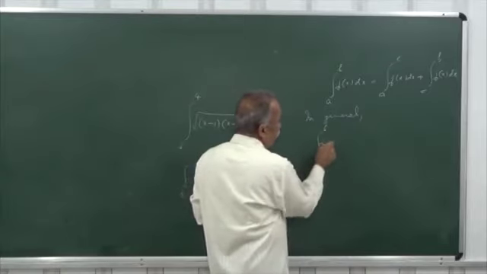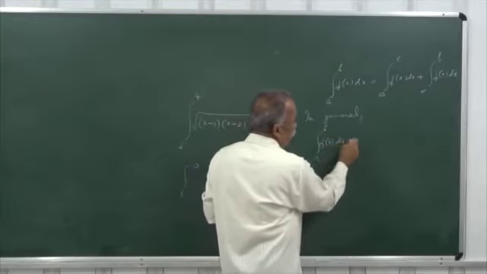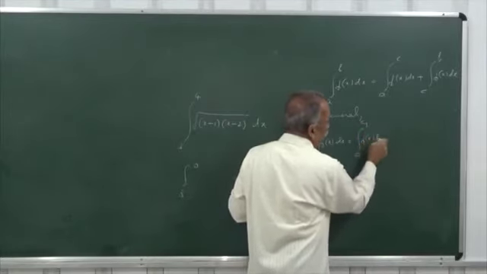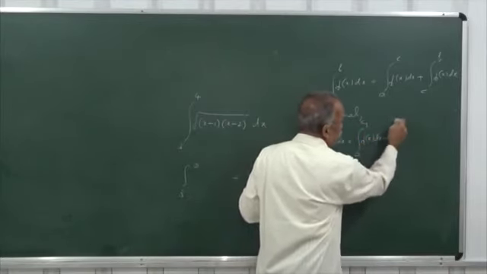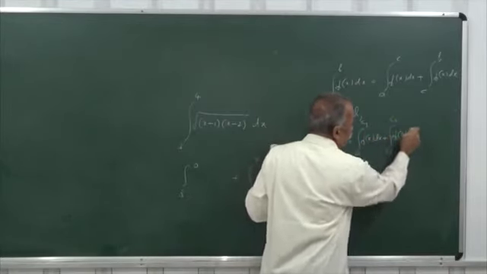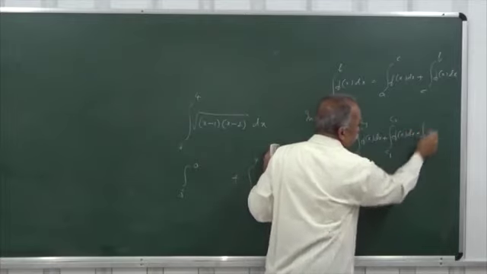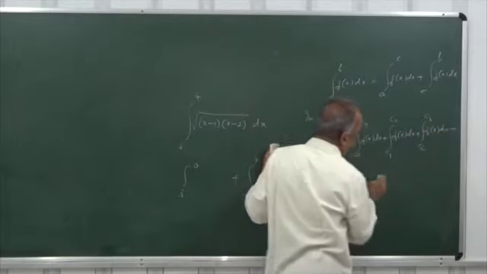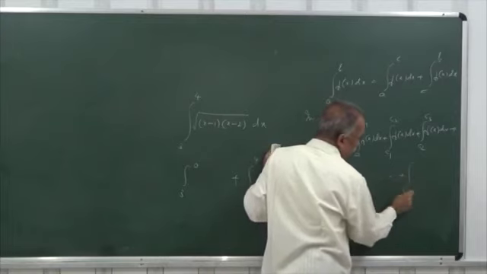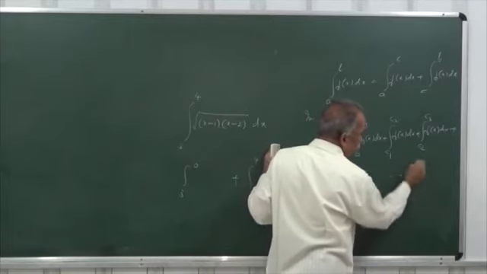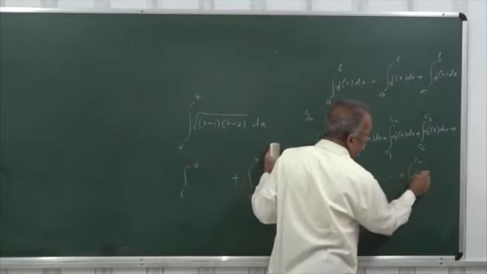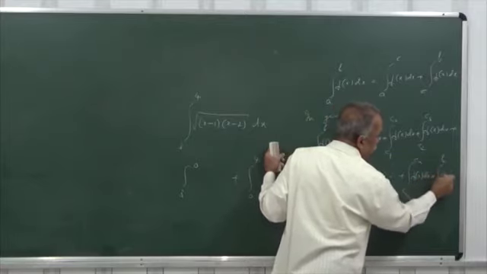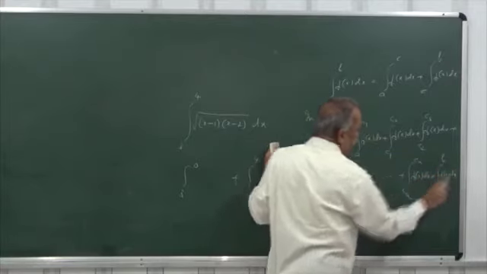integral a to b f of x dx equal to a to c1 plus c1 to c2 plus c2 to c3 plus, and so on, c(n minus 1) to cn plus cn to b, f of x dx.